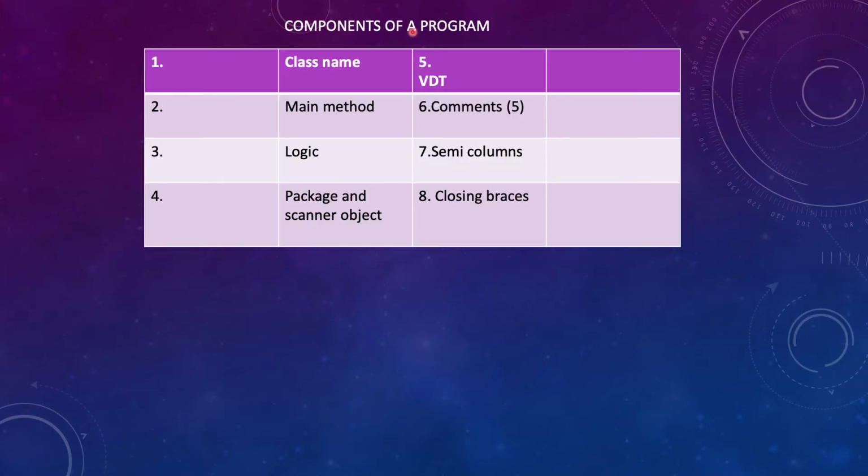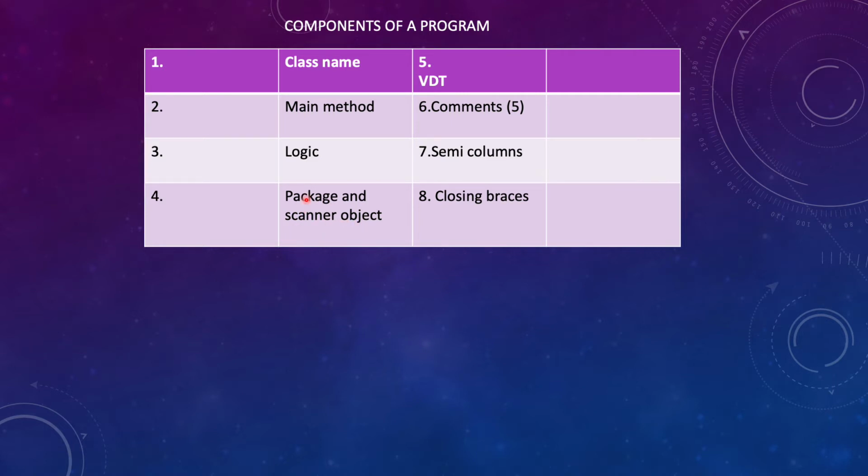Now this is the basic structure of any program in Java, which will be ICSE oriented, of course. First thing is the class name, then the main method. The main method will be there in 90% of the cases except in function overloading programs. Then is the logic which you need to develop, the package, the scanner object.